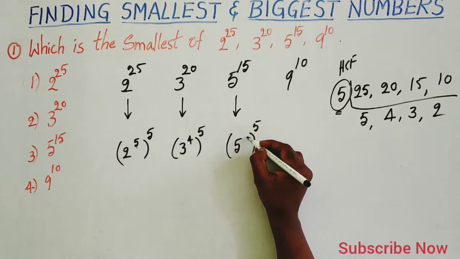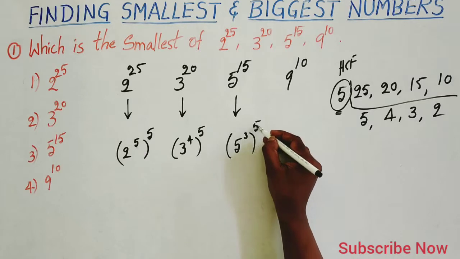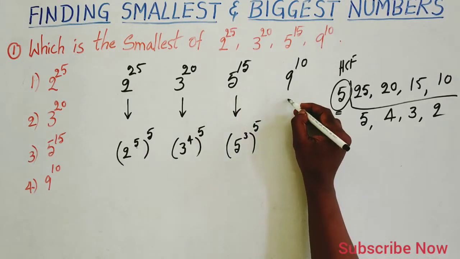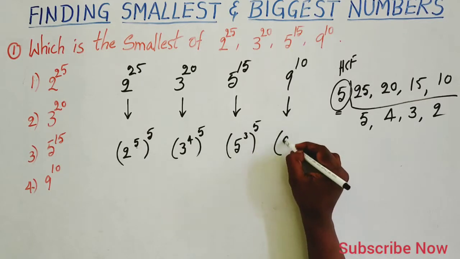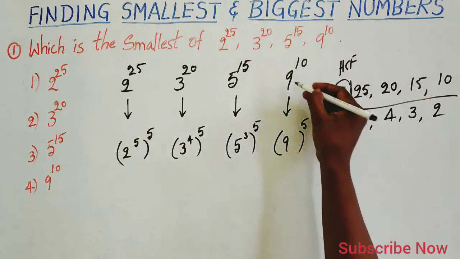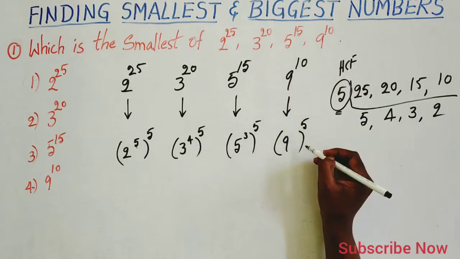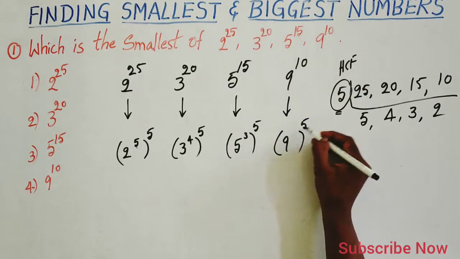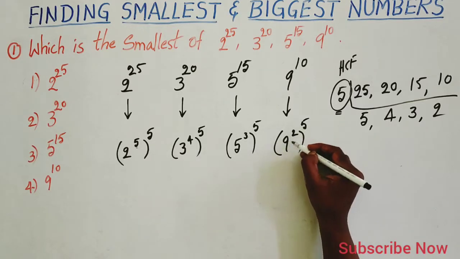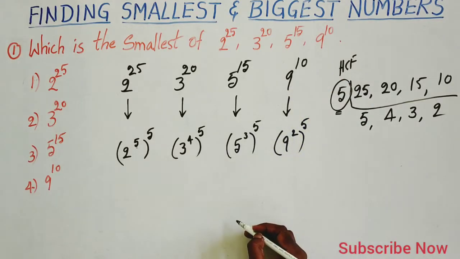So what should be here to make it 15? If we write 3, 3 5s are 15. So it will become 5 power 15. And finally 9 power HCF is 5. Now we want 9 power 10. What should be here? There should be 2. Then 2 5s are 10. Then it will become 9 power 10.